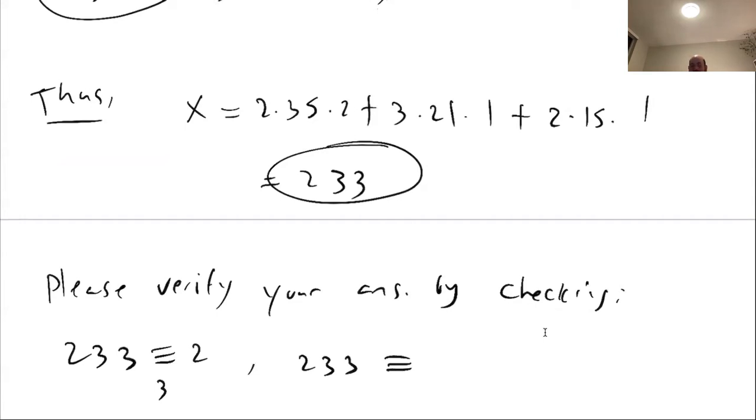See, we were looking for a number X that is 2 mod 3 and 3 mod 5 and 2 mod 7 at the same time. And 233 is the number that we were looking for. It satisfies all the 3 congruences at the same time. So this is one solution.